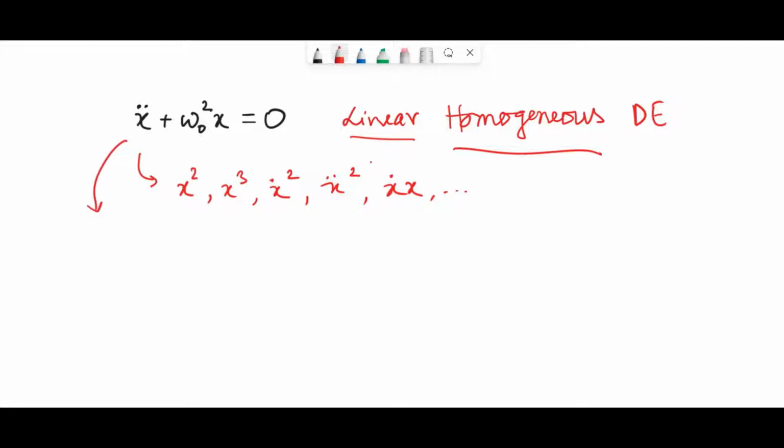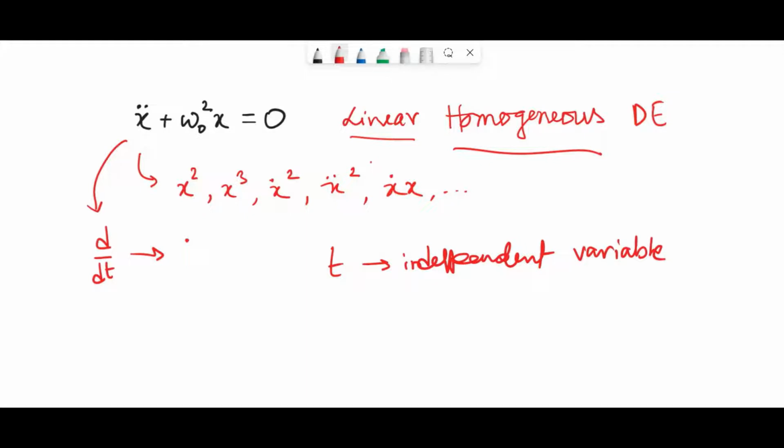The derivative is carried out in terms of t, so this is the differential operator, denoted by a dot. And so it is fair to say that the independent variable in this equation is t.